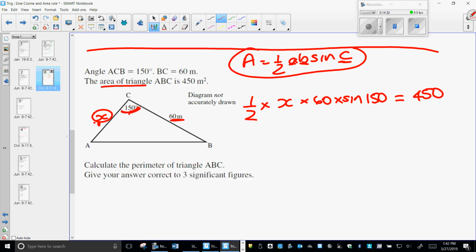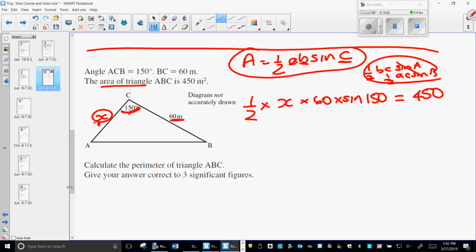This could be a half BC sine A, or a half AC sine B. That's why it's important that you don't stress about the letters, but the relationship to each other. Can we draw it or would it always be on C? No, this diagram can stem from this information.